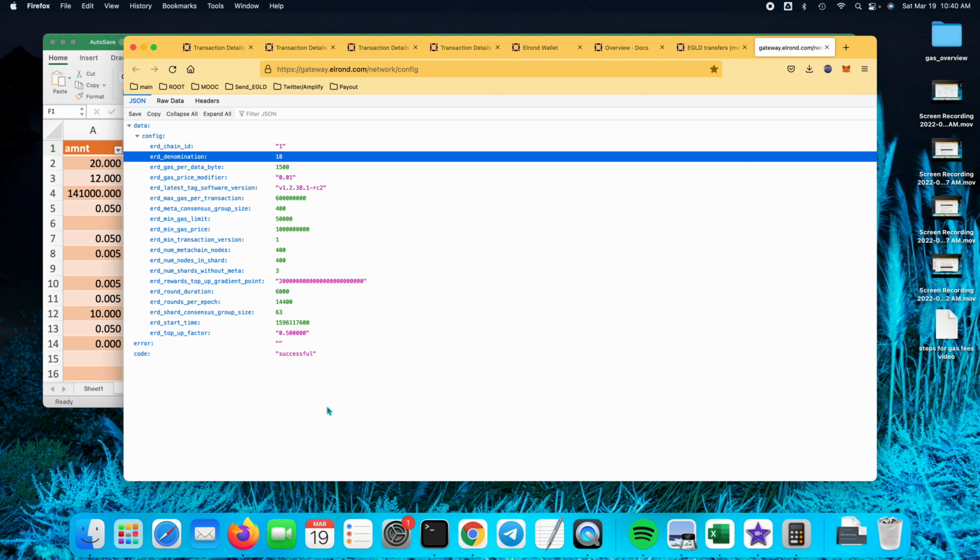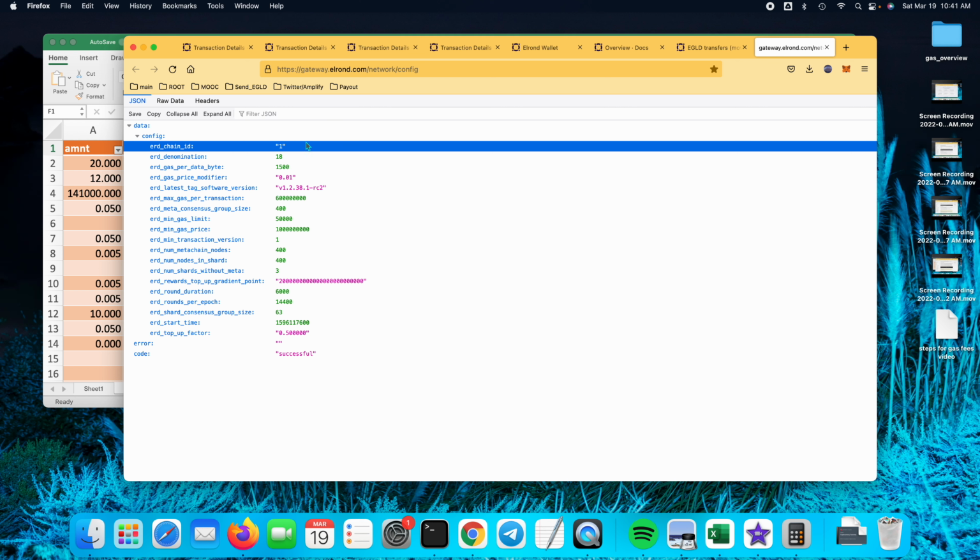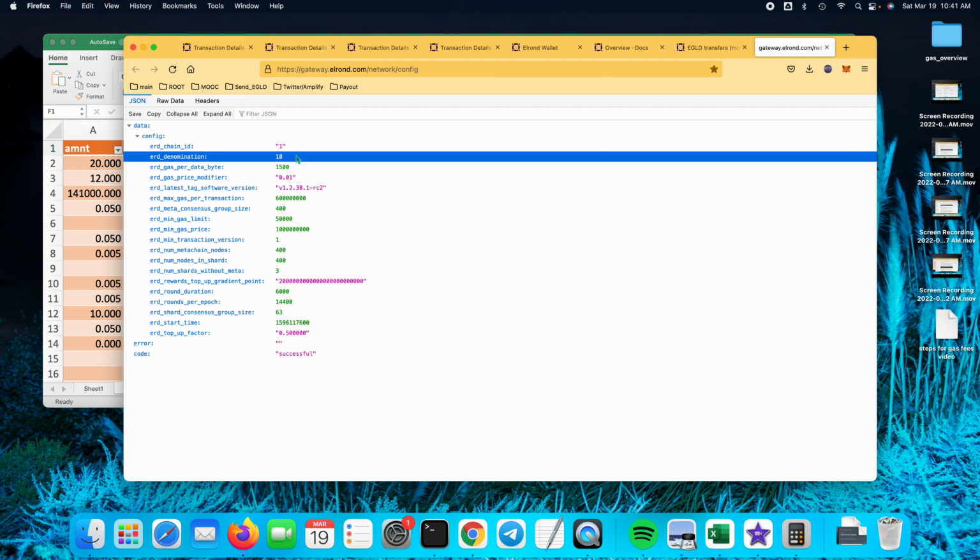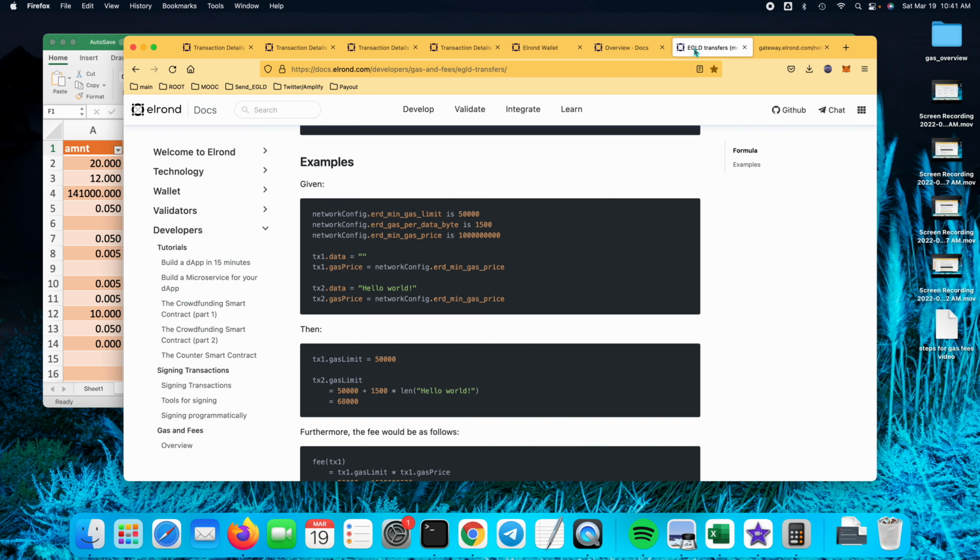Let's run through the numbers on this network config page and define what these are. So ERD chain ID 1, that's your chain ID for the main net. On the next line, we have ERD denomination. So let me take you over to a page that's going to help explain what that is.